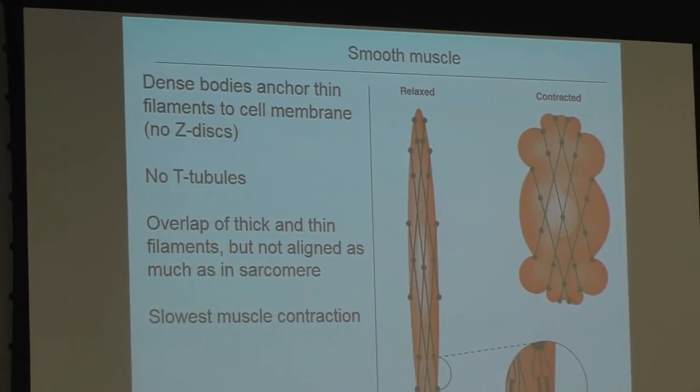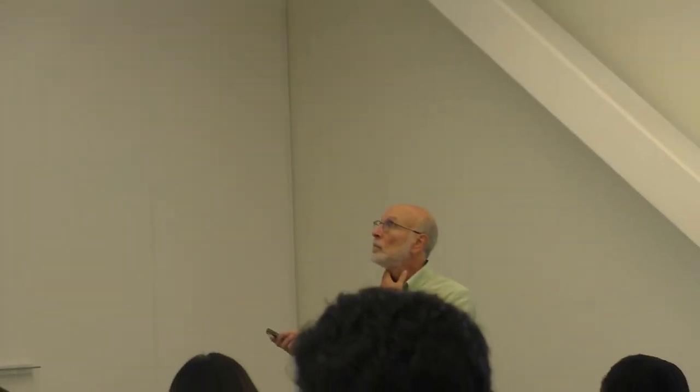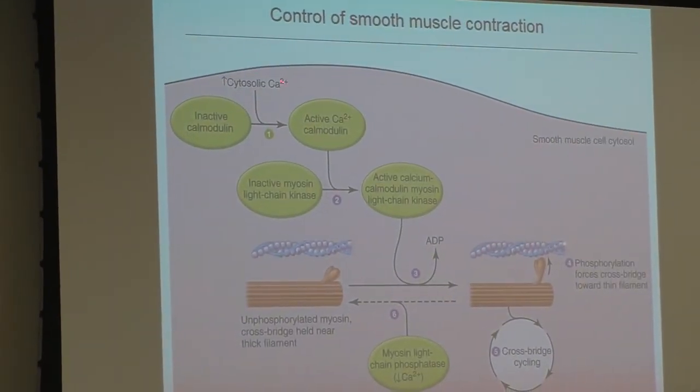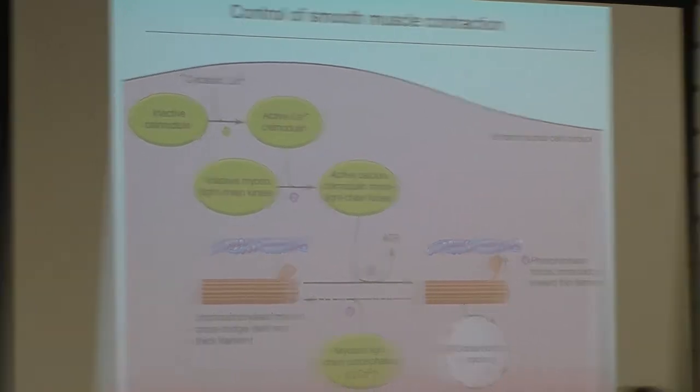Questions about smooth muscle? So like I said, the thing that causes smooth muscle to contract is cytosolic calcium concentration. Again, it's graded. Higher concentrations of cytosolic calcium, more contraction. Lower concentrations of cytosolic calcium, less contraction.